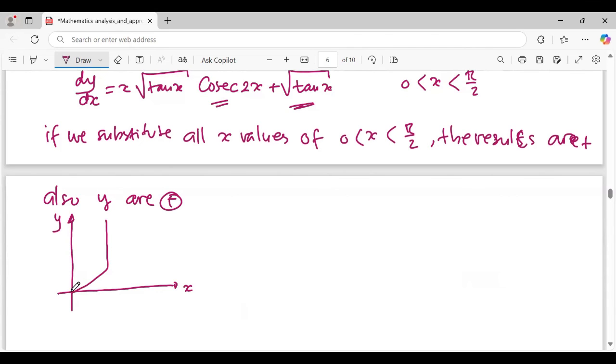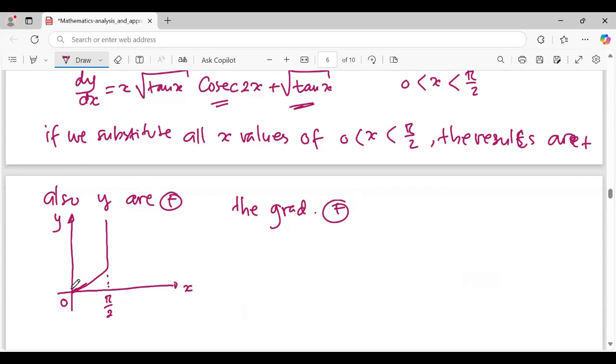That's 1. And this is pi half. This is 0. So if you look at this graph, the gradient is positive.